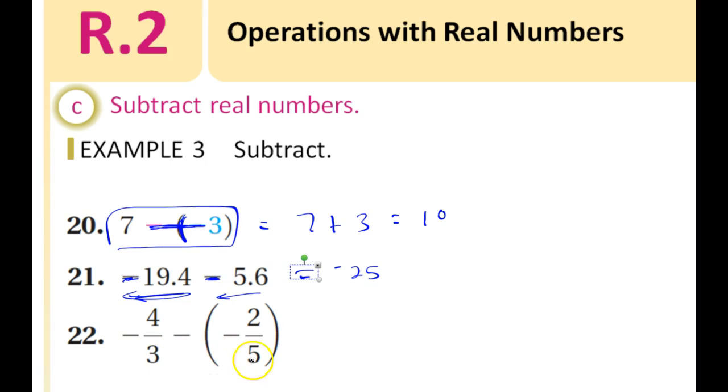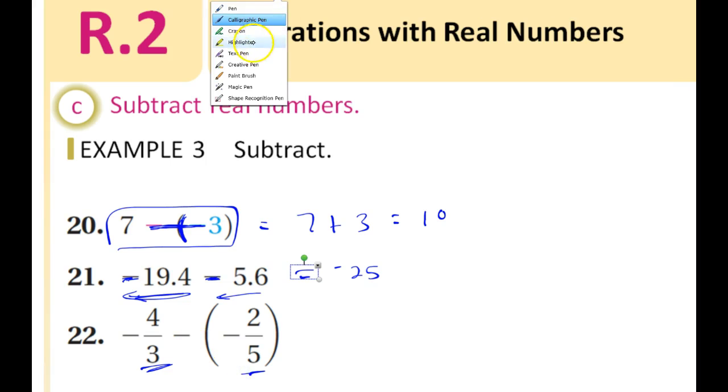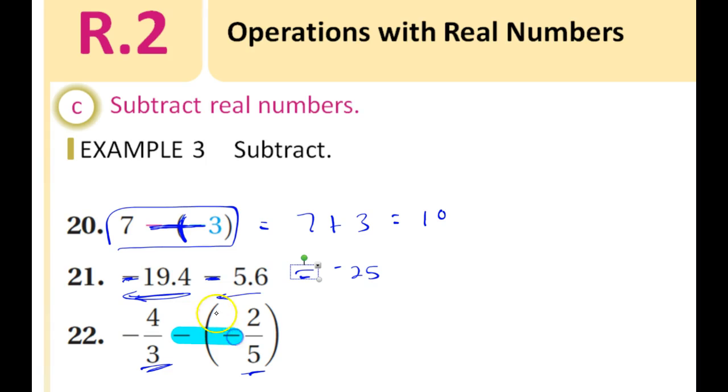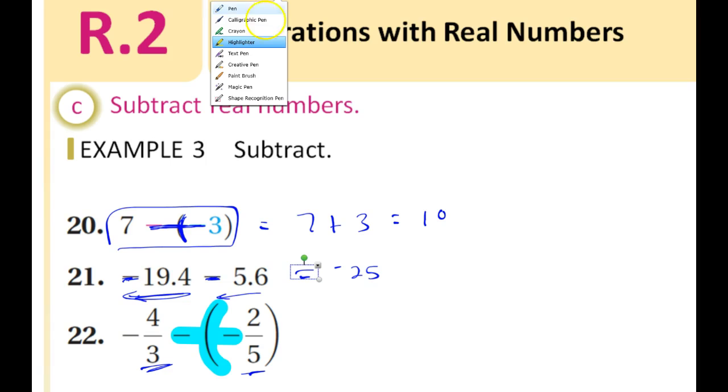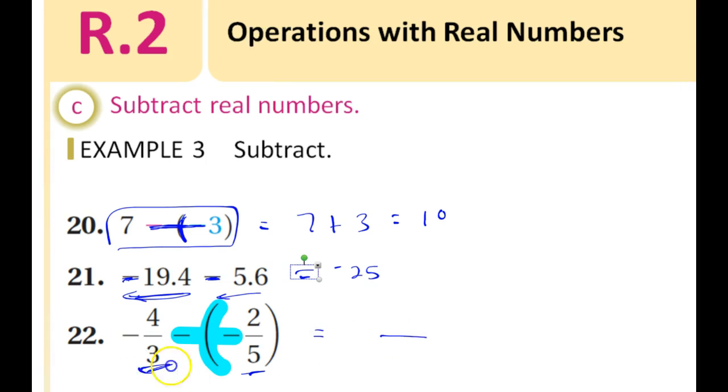Remember, you can't add fractions if I don't have a common denominator. So not only would I go ahead and try to take care of these signs by adding the opposite, there's that plus sign again, I'd also try to rewrite this and get common denominators. So I'm going to look for a common multiple of 3 and 5, which is 15, and I need to multiply this 3 by 5 in order to get to this 15.